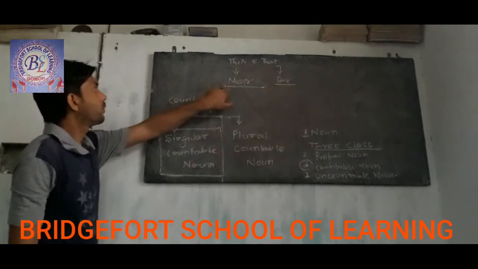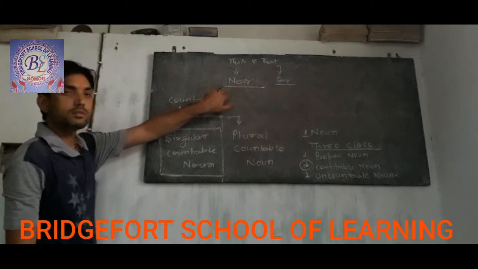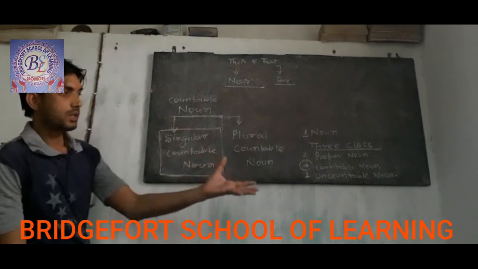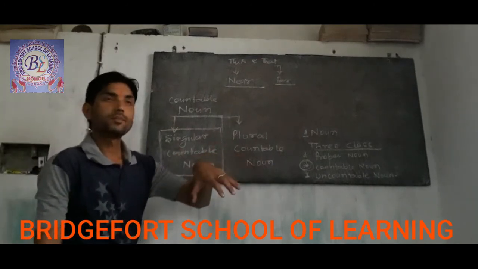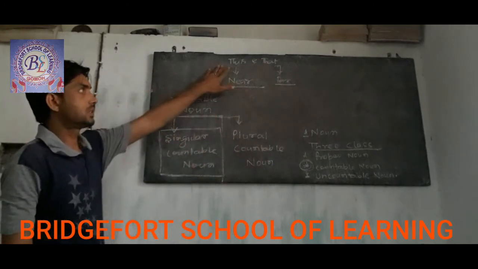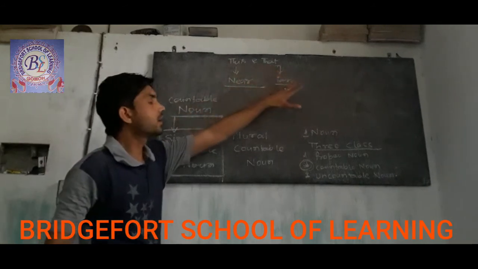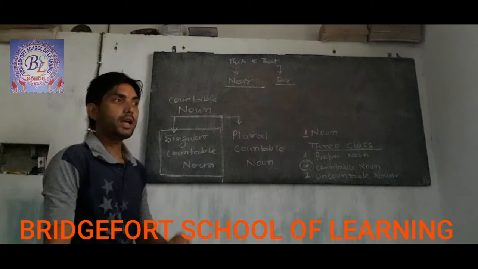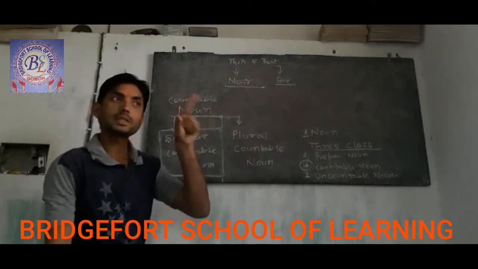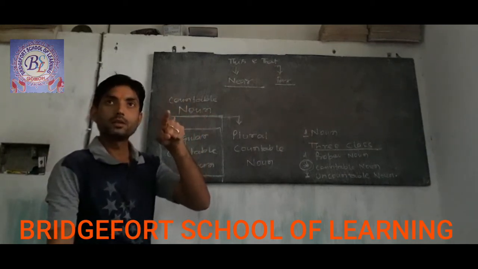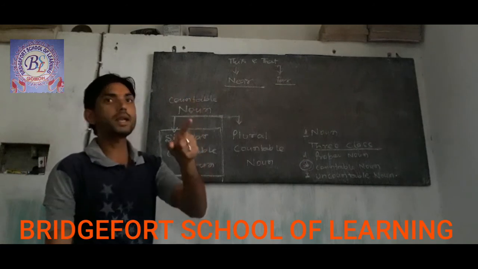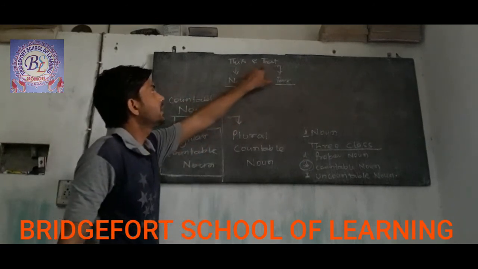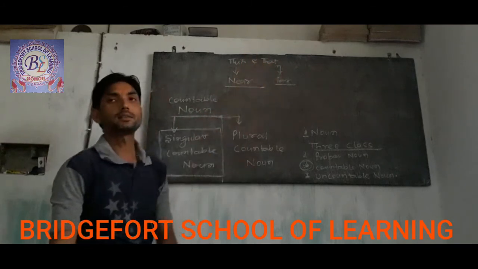Whenever any article is in your hand or near your hand, that is called this. And when any article is a little far from your hand, and you could make a proper sign with your finger or locate that thing with your finger, it is used with the help of that.